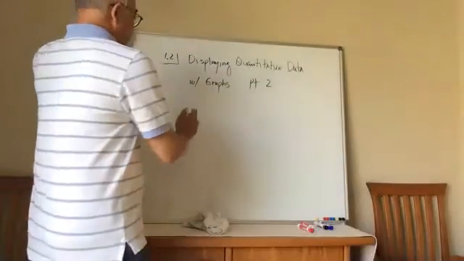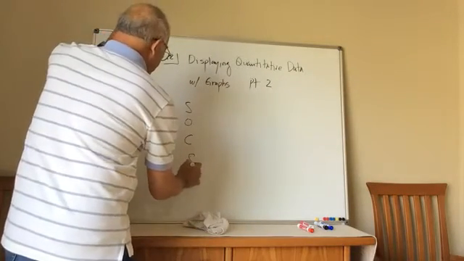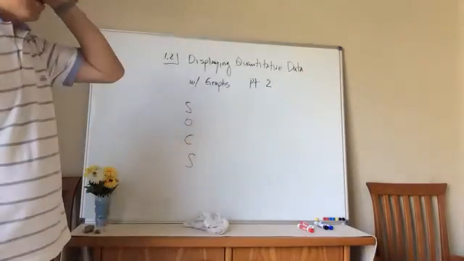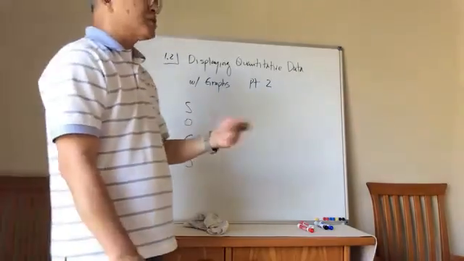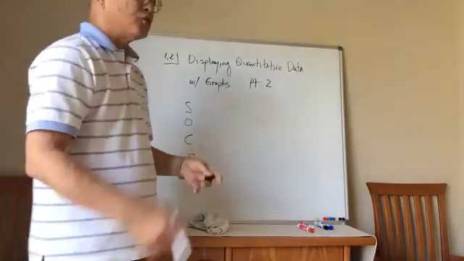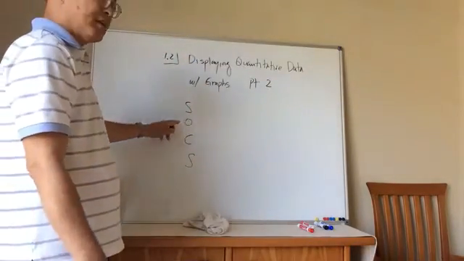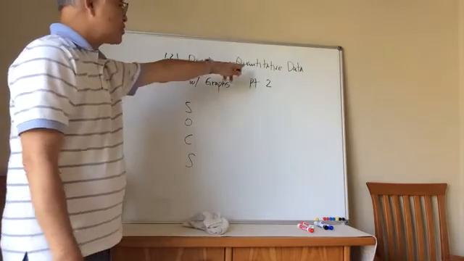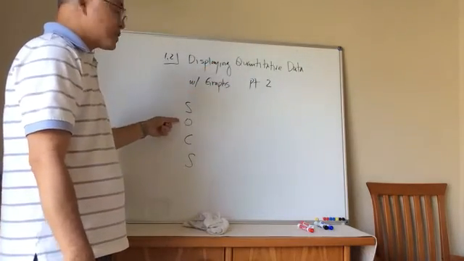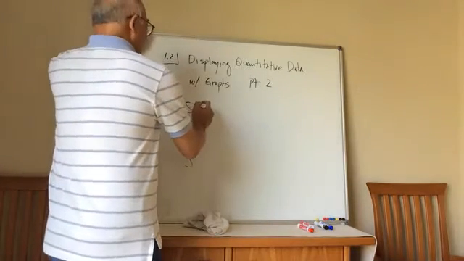Okay, and the mnemonic that we use here is SOCS. Whenever I ask a question, or somebody asks on the AP Stats test, to describe a distribution, if it's quantitative data, you have to discuss these 4 things. You have to talk about the shape.